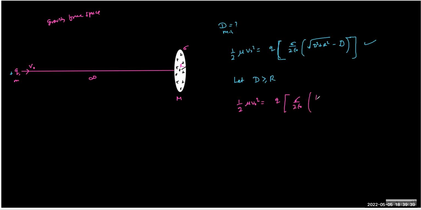We can write 1 plus r square by d square to the power 1 by 2, the binomial approximation, minus d, and the d will now cancel out. So what we get is something like this, r square by 2d. Yes. So d we can find at least, yeah, sigma.